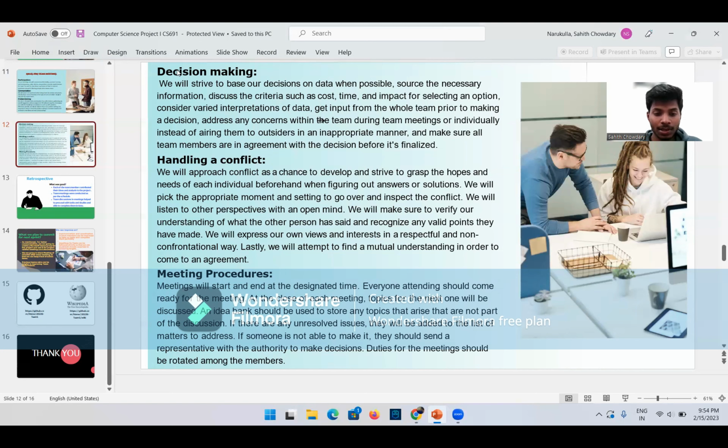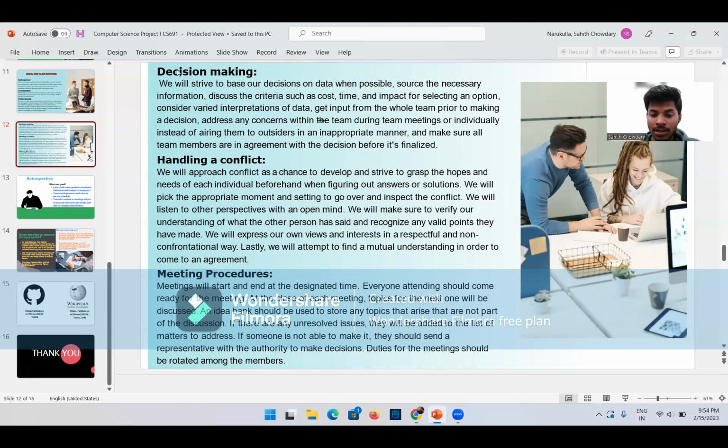And the next rule is meeting procedures. A meeting will start and end at the designated time. Everyone attending should come ready for the meeting. At the close of each meeting, topics for the next one will be discussed, and an idea bank should be used to store any topics that arise that are not part of the discussion.